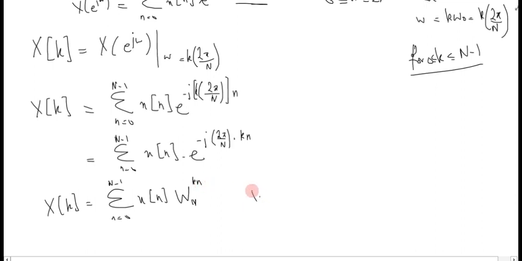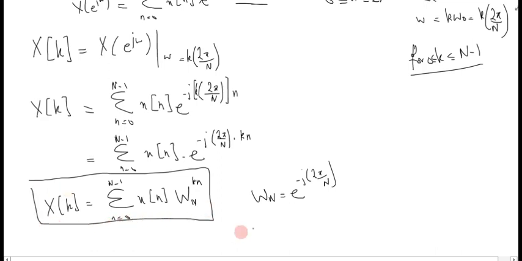Here this W N is equal to e raised to power minus j 2 pi over N. So this is your expression of the discrete Fourier transform.